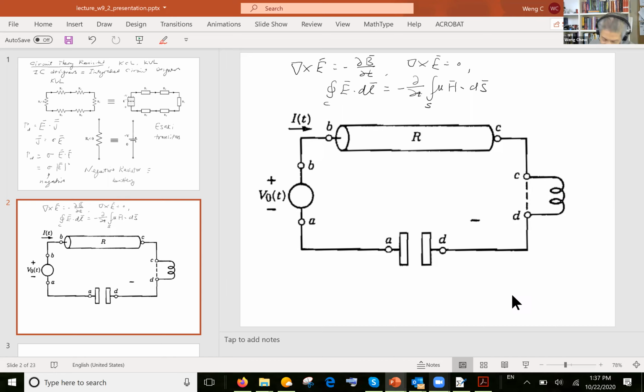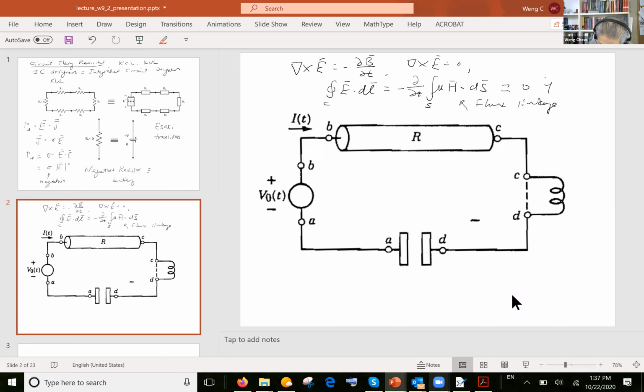Okay, where S is the surface that's enclosing the loop, or the loop forms a surface. You can write this Faraday's law in this manner. This is usually called the flux linkage. And for most of the time, you can assume that this flux linkage is 0.